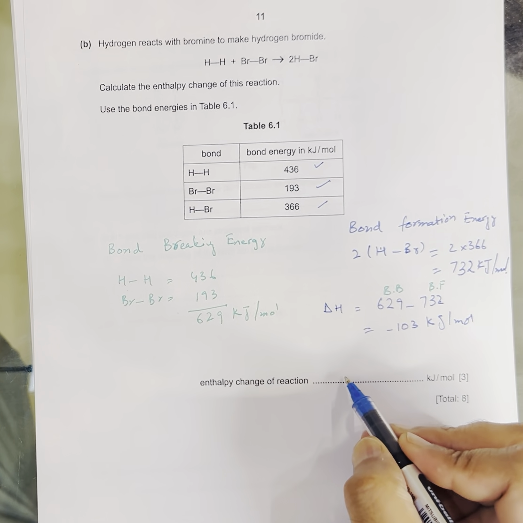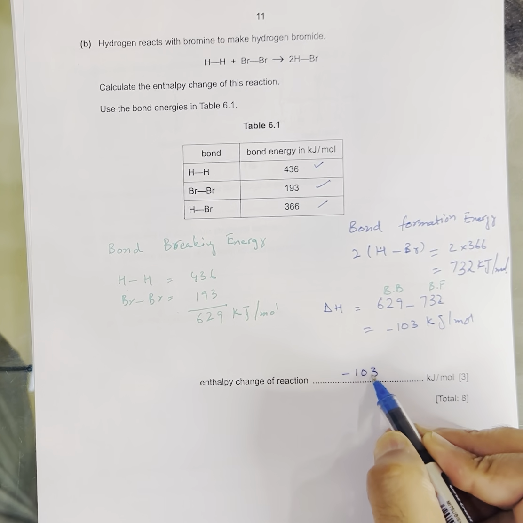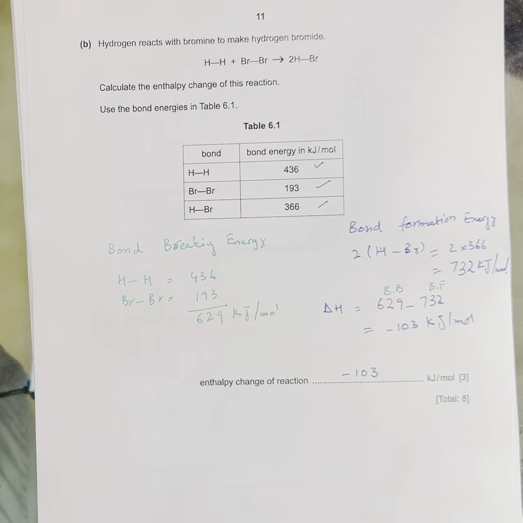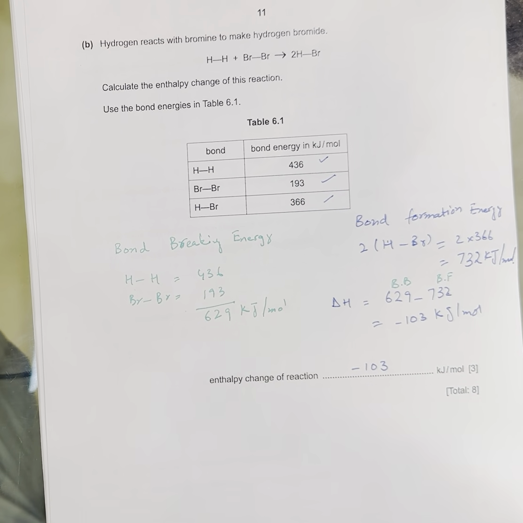You could write it over here, minus 103. So question number 6 was so easy and you could have carried 8 marks in it. Easy 8 marks, and students love to solve these kinds of questions. Now we will move to question number 7.